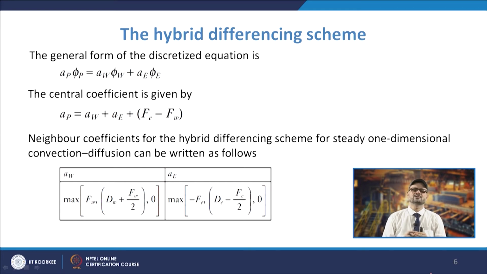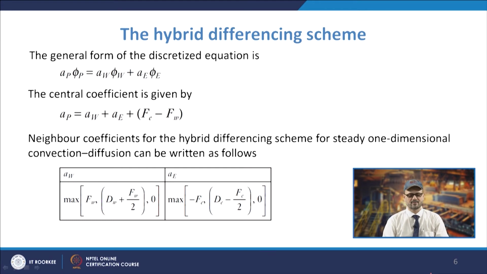Whereas when you have convection dominated flow, you take the upwind differencing scheme, because in the case of convection the upstream node actually affects more than the downstream ones.